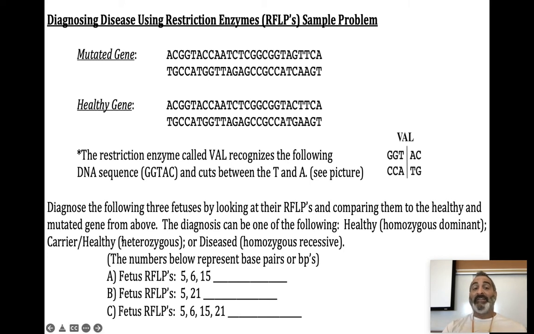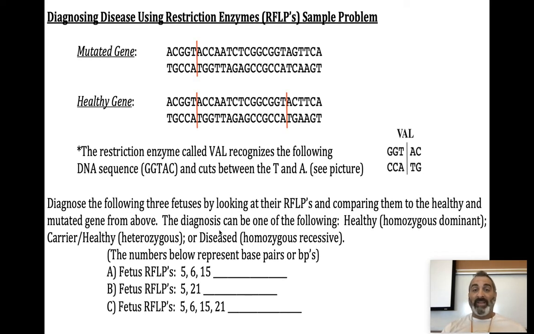And finally, a person who has a good and a bad gene has their capital A covering up their lowercase a, which is diseased, and they are heterozygous, so they are healthy, but they are carriers, which means they don't have the disease. An example of this would be sickle cell anemia. They do not have the disease. They are healthy, but they carry the bad gene, which means they could give it to their baby. So your 3 choices are going to be a healthy person, a carrier who is healthy, or a completely diseased person. So I told you, step 1 is label the cuts. Your DNA should look like this.